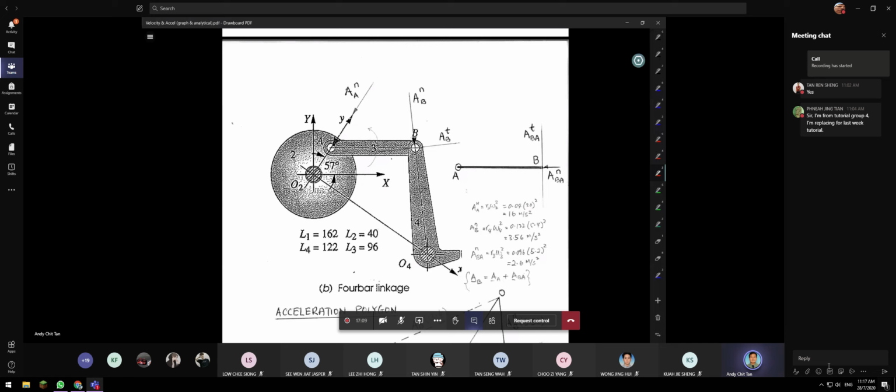Okay. Now we need to find, in this case, we are usually given acceleration of A, and we need to find the acceleration of B. So we can say acceleration of B equals to acceleration of A plus acceleration of BA. All right, so we know this relative equation. To find acceleration, you must find acceleration of A or B, then only you can find acceleration of G.